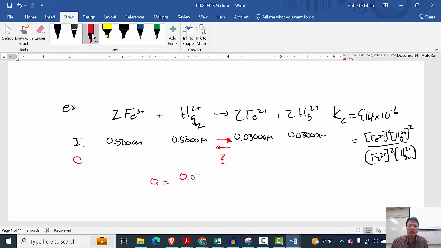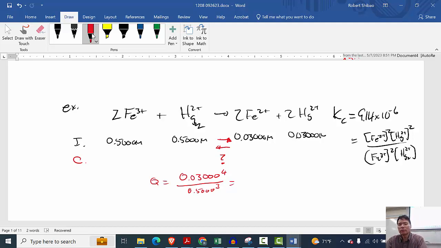So I get 0.03 thousand for iron 2 and 0.03 thousand for mercury 2, raised to the fourth power, divided by the concentration of iron 3, which is 0.5 thousand, and mercury 1, which is 0.5 thousand. So this is 0.5 thousand cubed.